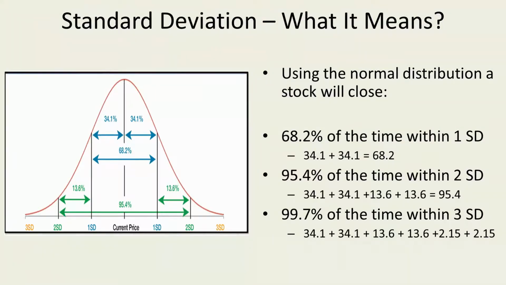In 3, you can go on, and I'll show you a chart a little bit later on, 6 and 7 and 8 standard deviations, which are immaterial to us. But you've got 99.7% of the time that price is going to be contained within 3 standard deviations. You don't get much premium out there. That's why we're typically dealing in that 1 standard deviation area, and sometimes 2, but mostly 1.